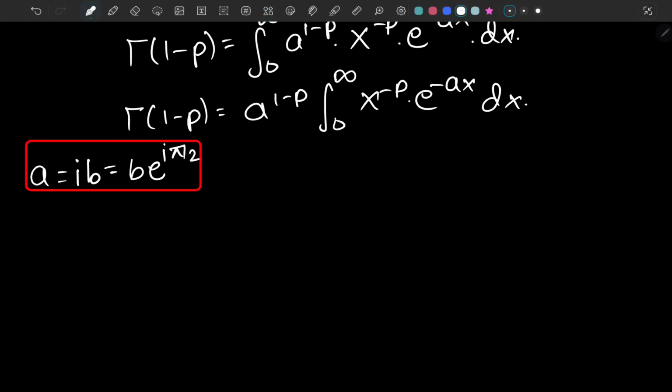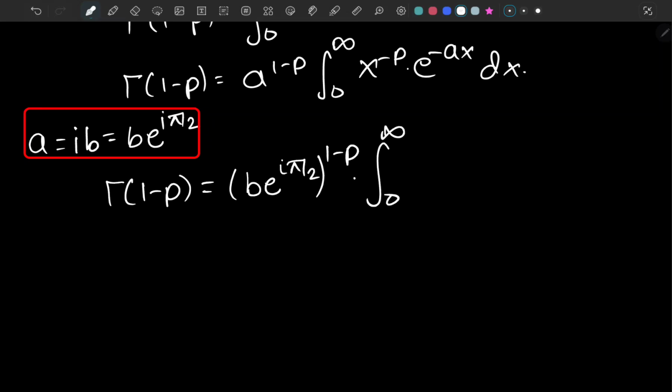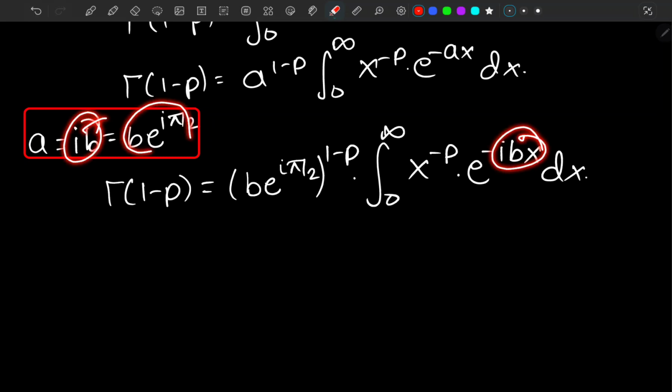So gamma of 1 minus p is b e to the i pi over 2, whole to the 1 minus p, times the integral from 0 to infinity of x to the minus p and e to the minus ibx dx.